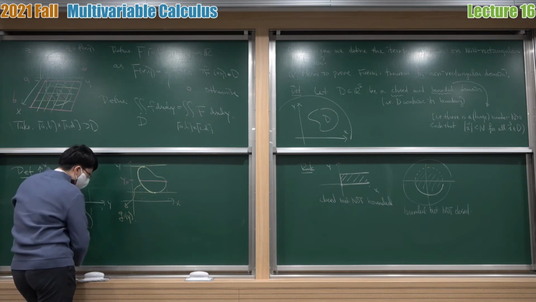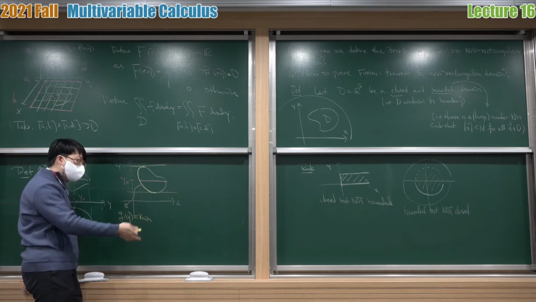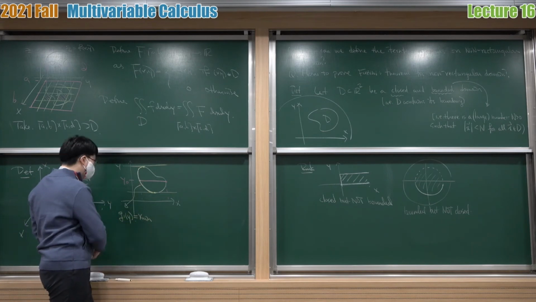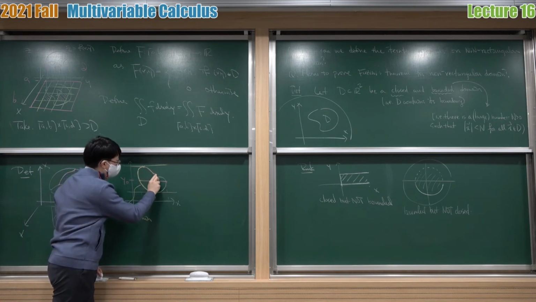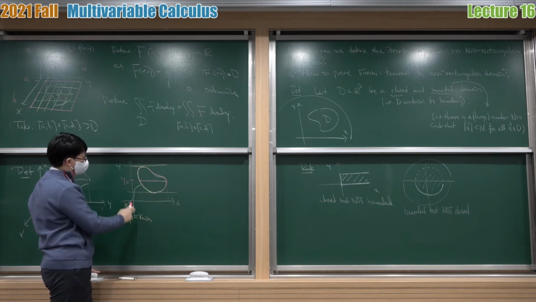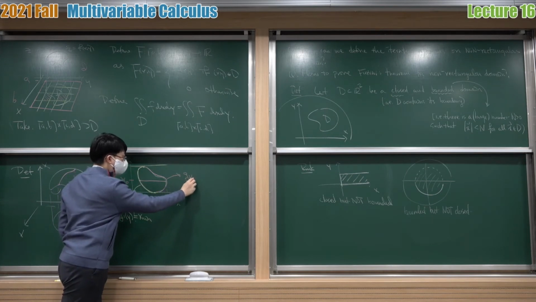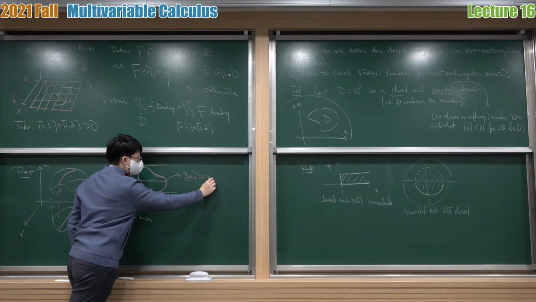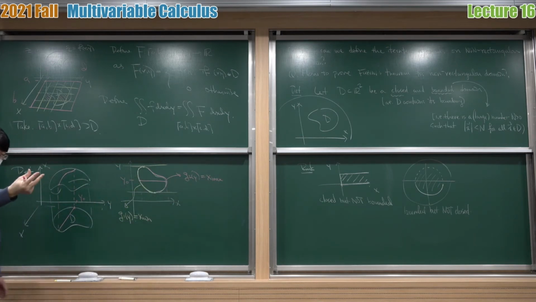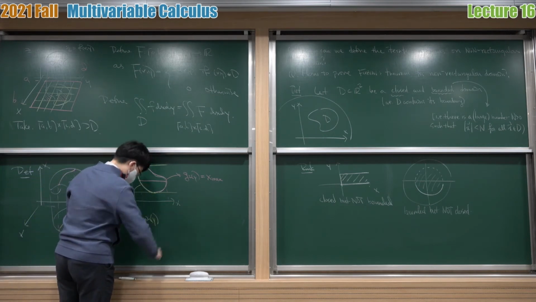So g1(y) gives the value of x which is the minimum of the range, okay? And then if I take the maximum of x, the maximum value follows this line. So this is, let's say, g2(y), and that gives x max. So x min and x max are values that depend on y, okay? So let me put that here.